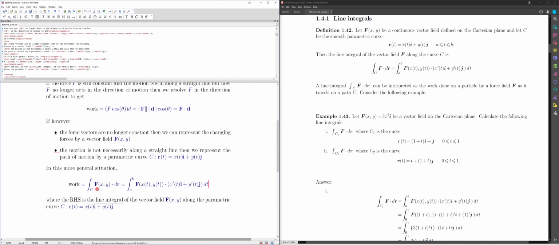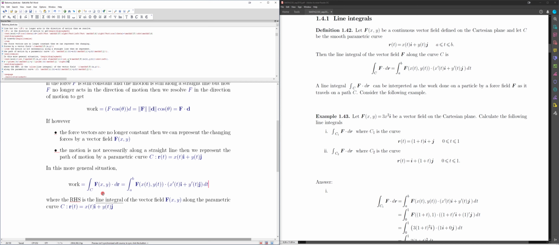What I have is the line integral of a vector field over a parametric curve C, and you're using the information from the parametric curve C. The x over here you're going to replace by x of t, the x in the parametric curve, which is a function of t. Similarly, the y over here you're going to replace by y of t.